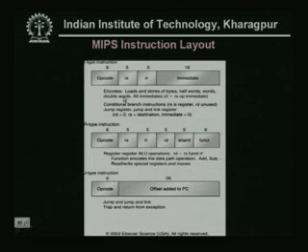So, it encodes loads and stores of bytes, half words, double words and all immediates, that is RS to RT of immediate.